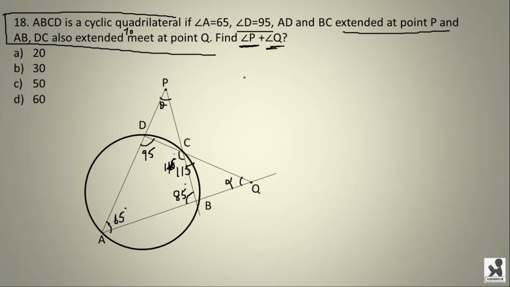Now you can see the triangle ABP. In this triangle ABP, theta is equal to 180 degrees minus 65 plus 85.